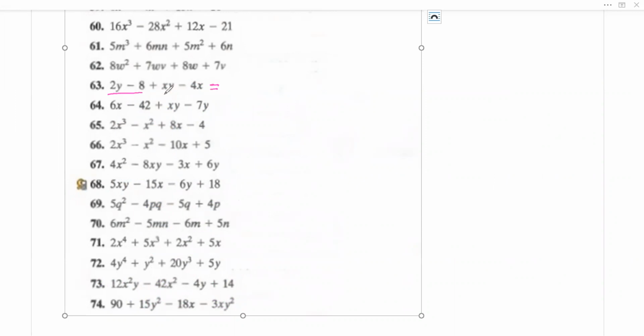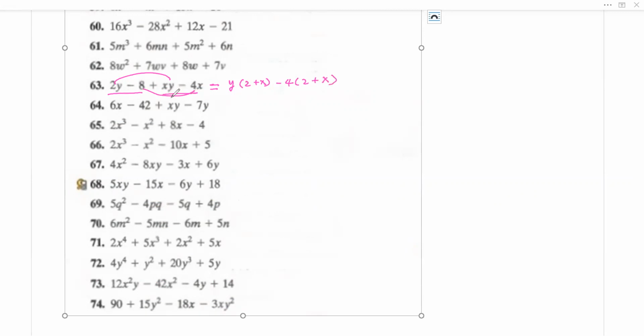All right, let's see 63. We'll still do it this way, or let's do a change. We can do it this way, all right? These two and these two are a group. These two, so y is the common one, 2 plus x, all right? So -8, -4x. So -4, 2 plus x. We'll do it a different way.